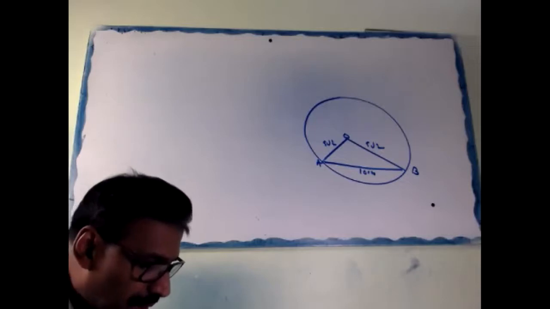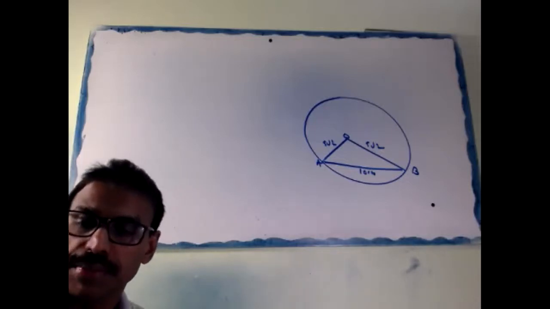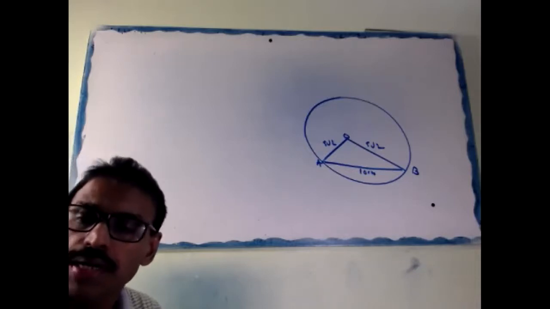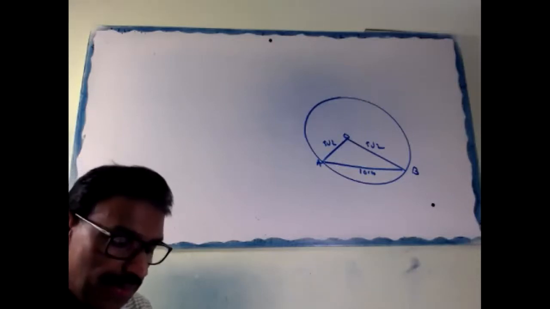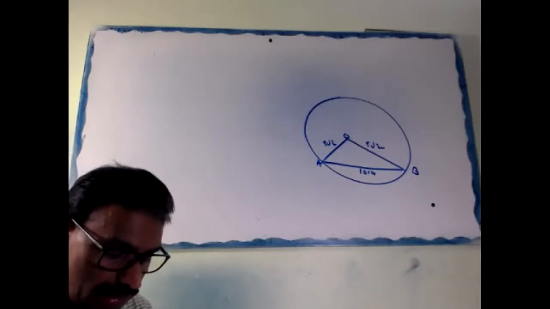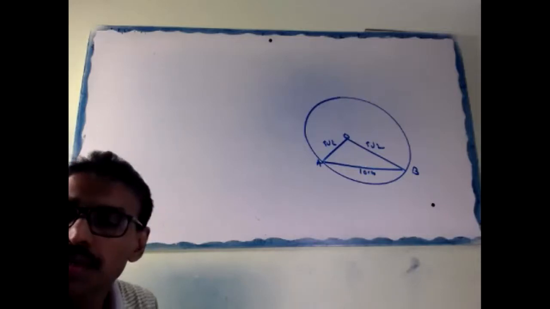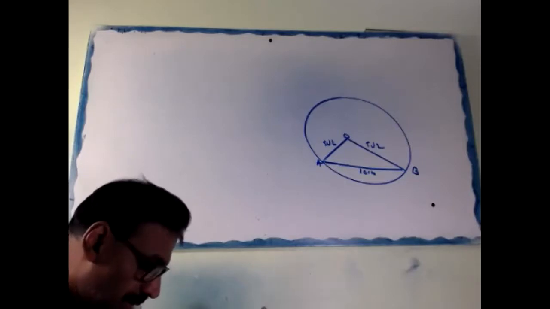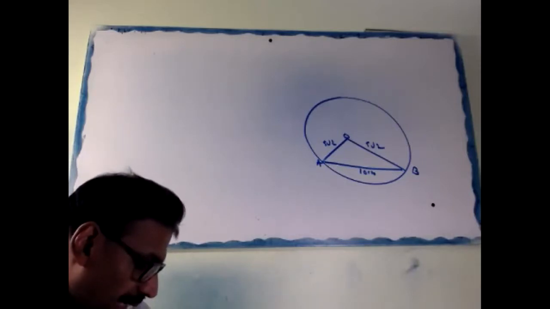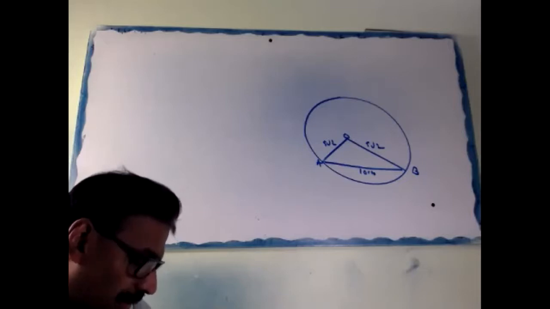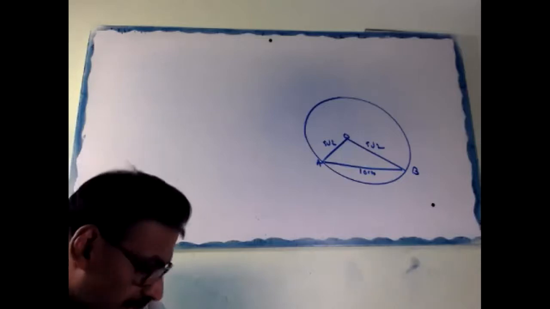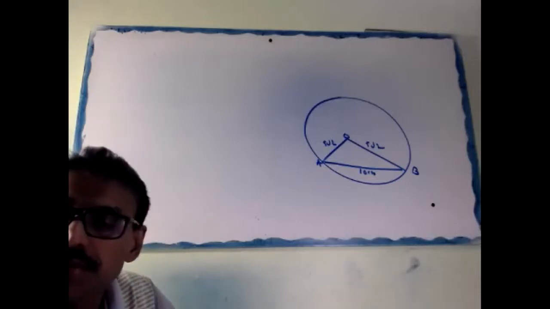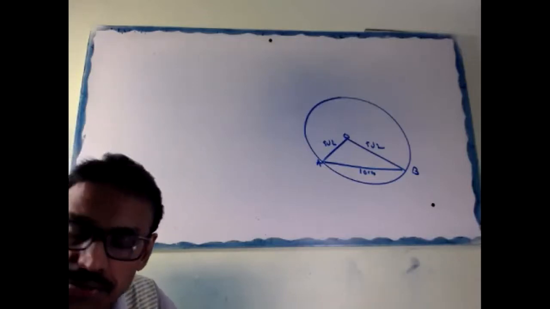A chord 10 centimeter long is drawn in a circle whose radius is 5 root 2.